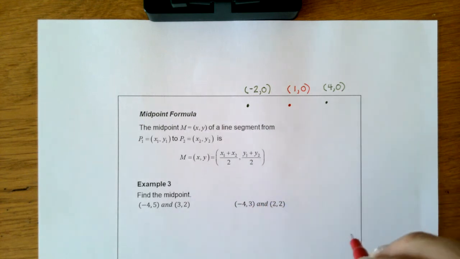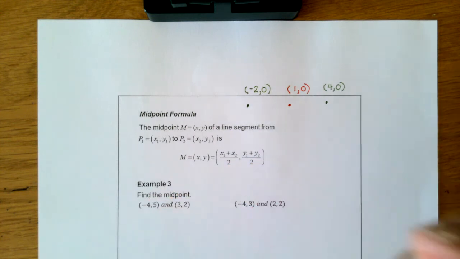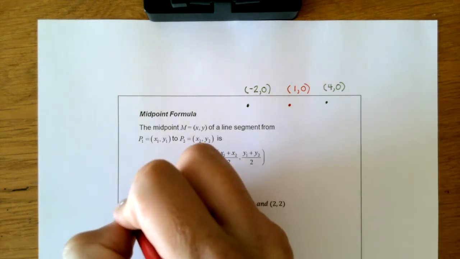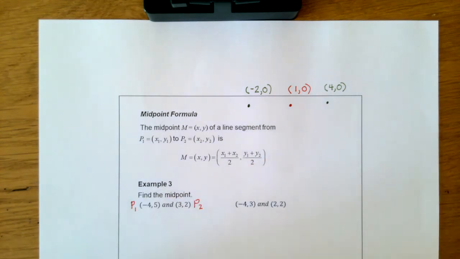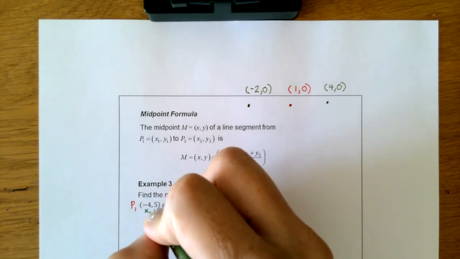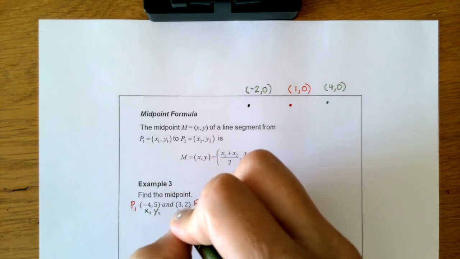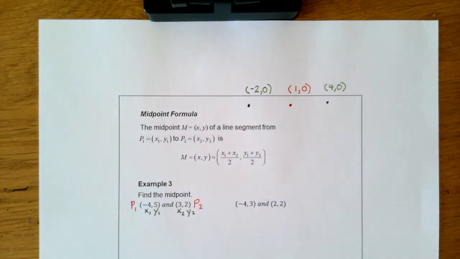You're just finding the average of the 2 x values, then you're finding the average of the 2 y values. And again, you can make either one your point 1 and your point 2, P1, P2. So that means this is x1, y1, x2, y2. What is the middle of these 2 points?